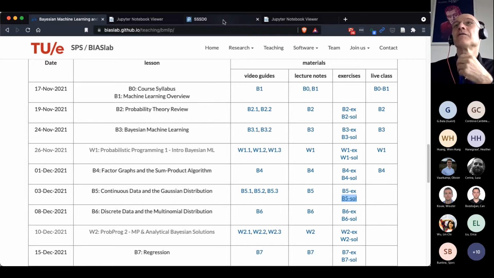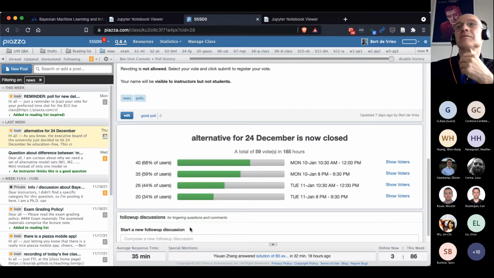Also, about half of you voted on where the class from 24 December has to go to. There's a slight majority for Monday, January 10th, 10:30 through noon.